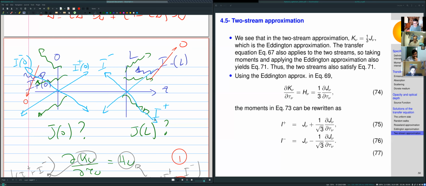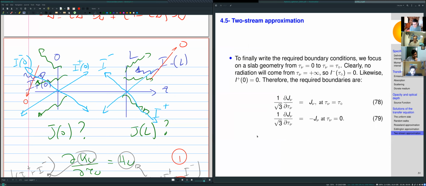Okay, this is where the mathematical trick is connecting physics. We're saying that there should be no radiation coming from minus infinity. So this component here for the two streams should be 0.